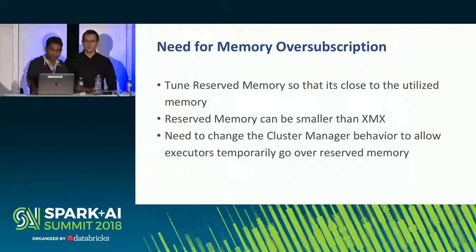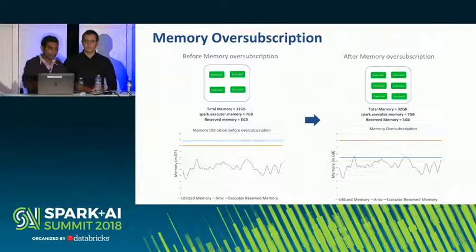So after memory oversubscription, we can see that the gap between the utilized memory and the reserved memory is lower, and we might be reserving less than the Xmx of the executor.